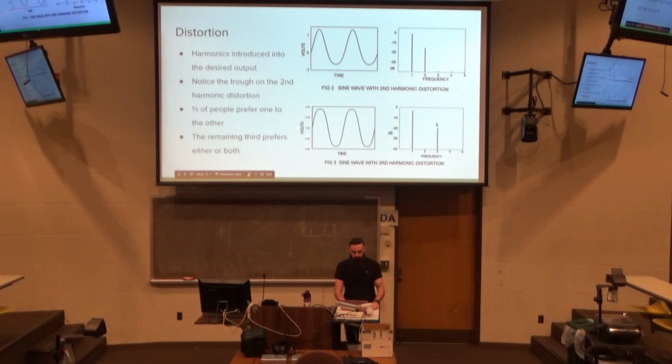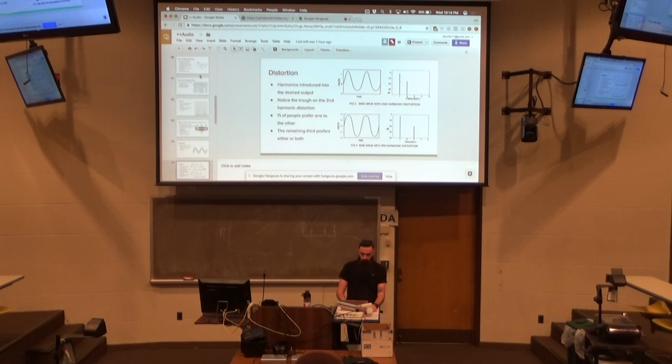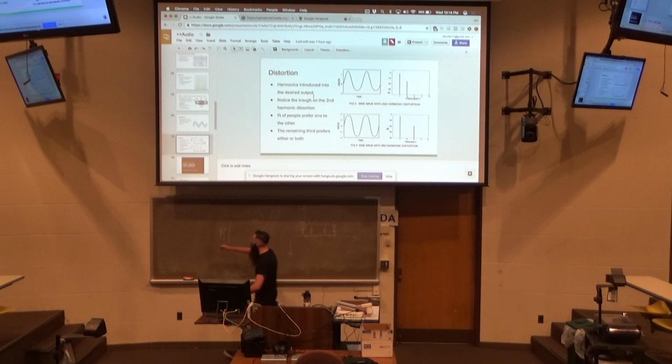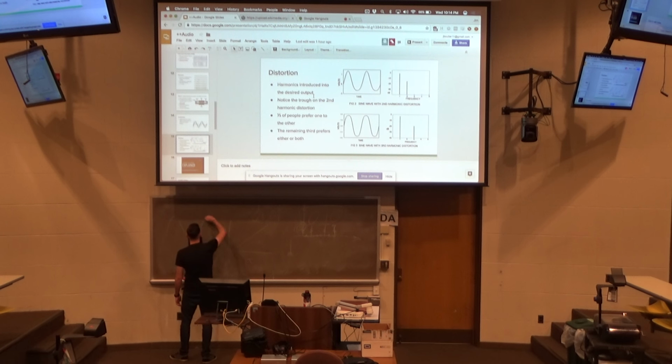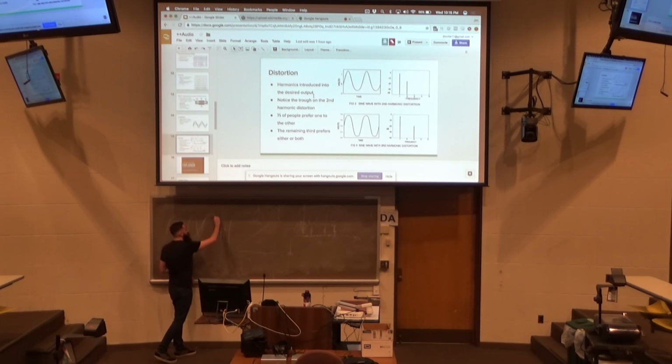I'm actually going to have to flip back to the other one just to show you what we're looking for here. Picture our wave looks like this. Second harmonic distortion is going to be a wave that looks like this: everything's fine, except then it goes up here, and then it goes down, and then it goes back to match again.